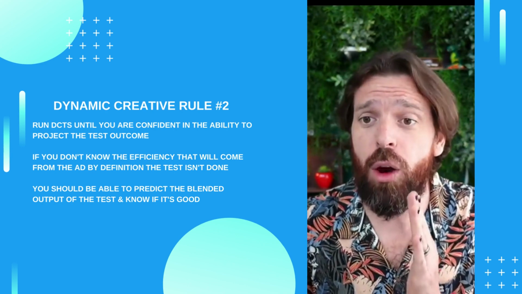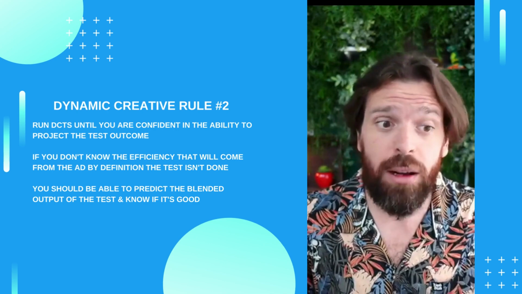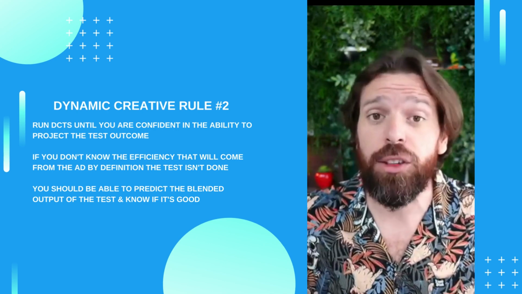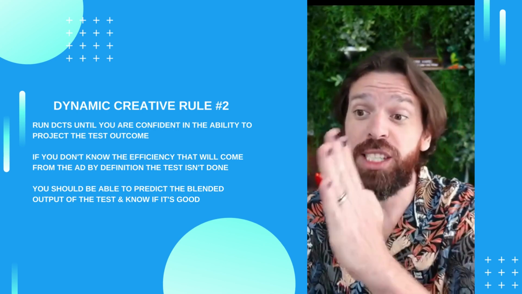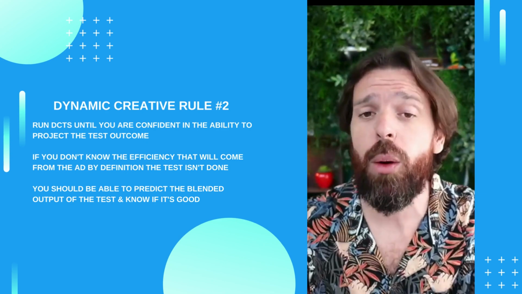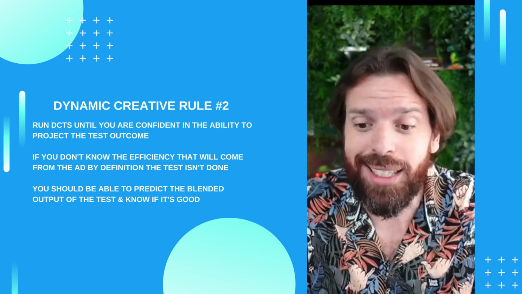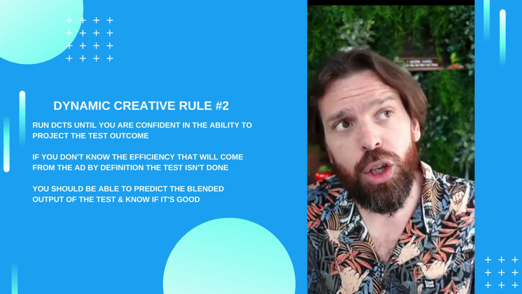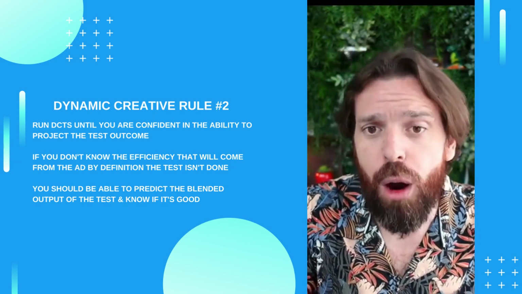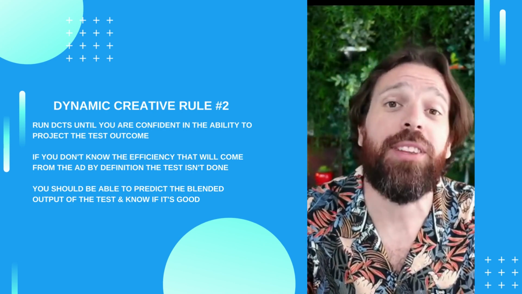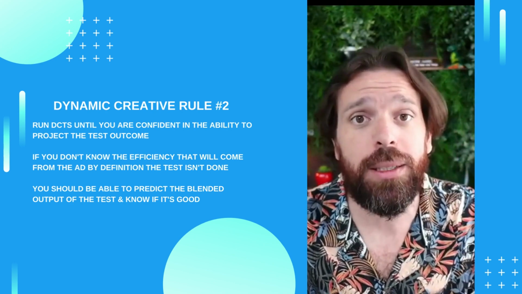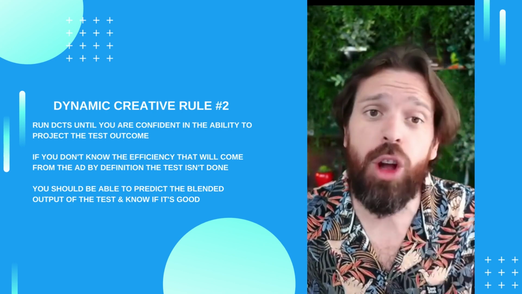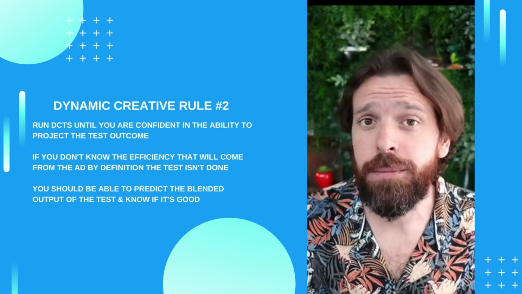And if the answer is no, maybe that test is a failure. Great. Maybe the test outcome is it's volatile. Okay, now we understand. Or if the answer is yes, great, we understand. We know where we're going. If we don't know, then that test isn't finished. You should be able to know and predict the blended output of the test and know if it's good, or know that there's no ability to make a prediction at all.